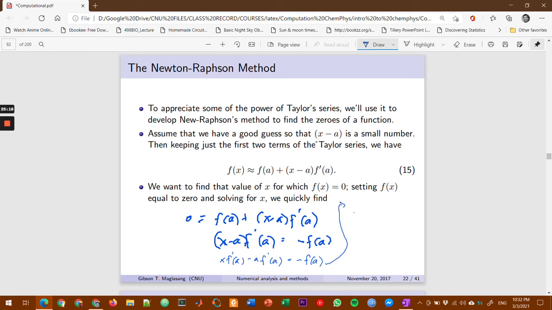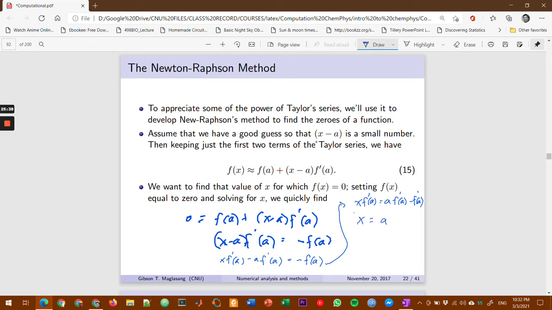So that would be x f prime of a equals a f prime of a minus f of a. Right? Then I divide everything by f prime of a to get x.